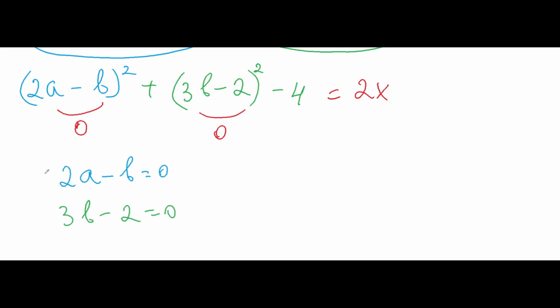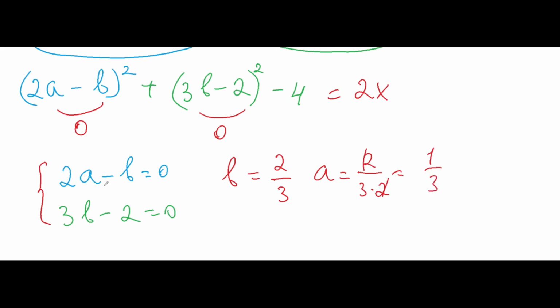If we solve here, we can get that b will be equal to, from the second equation, 2 over 3, and a will be equal to, if we put 2 over 3 here, 2 over 3 divided by 2, I guess, and it will be 1 over 3, if I'm not mistaken.